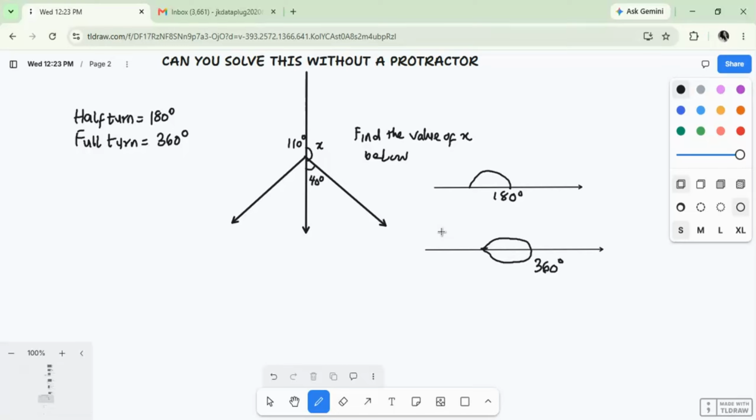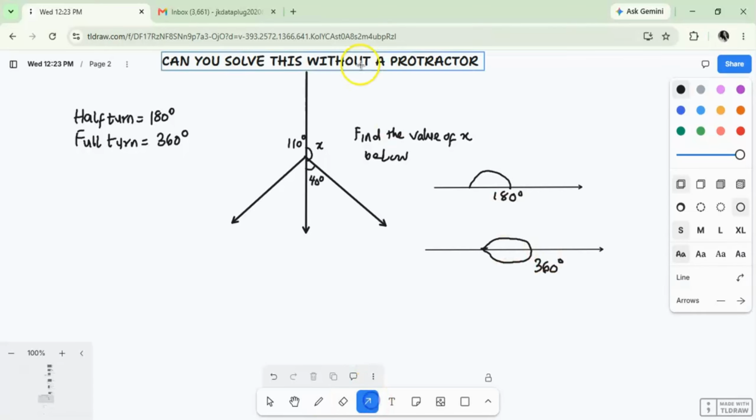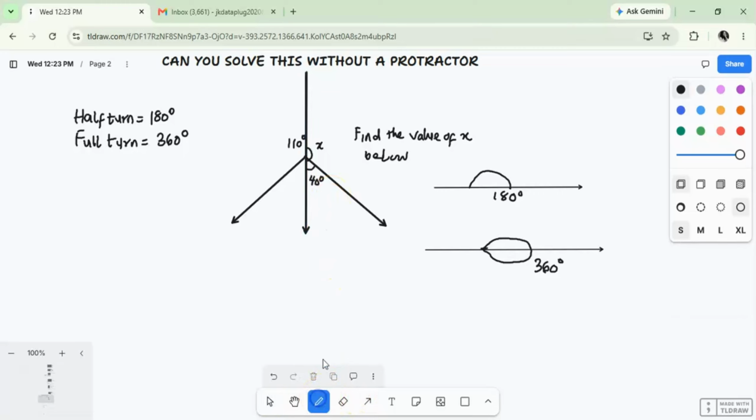Now, let's go back to this question and apply what we just said. So look at this question. We have this straight line here, and where our unknown is on this side of it, which is 180 degrees in total, right?